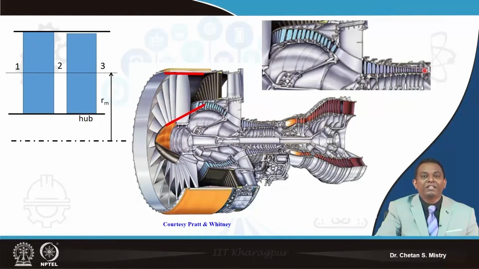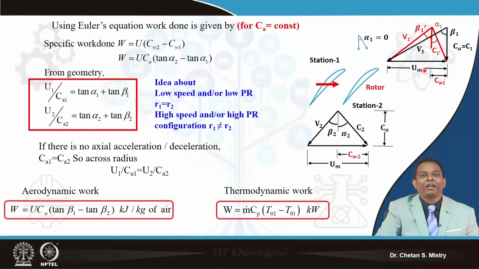Okay, and that's the reason why, for a high speed or high pressure ratio configuration, my R1 and R2 will not be the same. Okay, and if we are assuming our flow to be axial, not accelerating or decelerating, we can say my U1 by Ca1 equals U2 by Ca2.